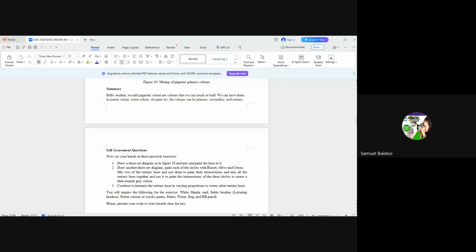So then we have the combination of primary and secondary color. That is what you people classified as tertiary color, but it is not tertiary color. We call it intermediate colors. They are never tertiary colors, they are intermediate colors. I hope you understand that.